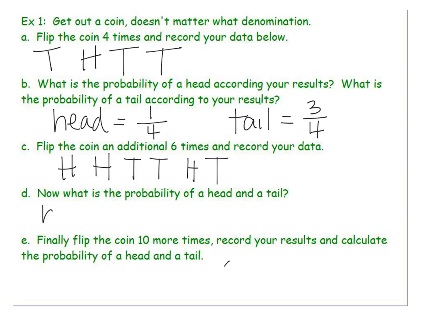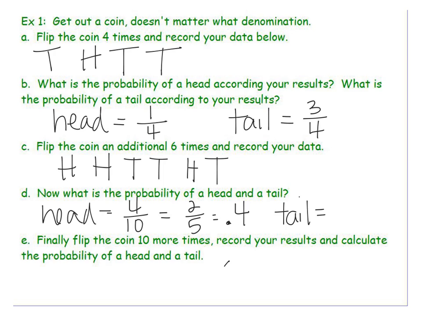So now, if I look at my results, I have 1, 2, 3, 4 total heads out of 10. That gives me 2 out of 5, or 0.4. We're going to do the same thing for tail.